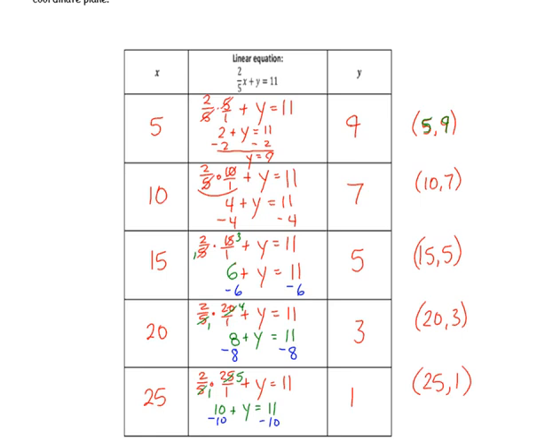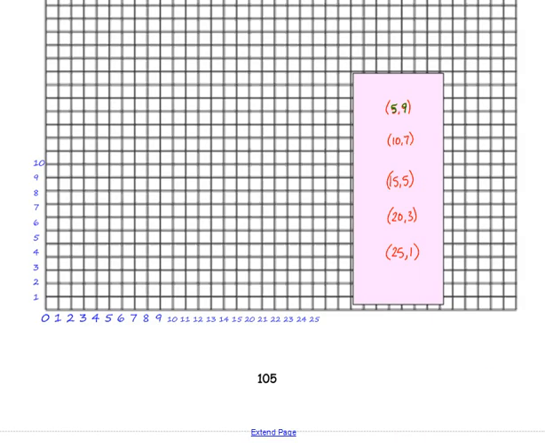Next, we're going to graph these ordered pairs onto the coordinate plane on the next page. To graph my first ordered pair, (5, 9), I'm going to go down to the x-axis, and I'm going to go over 5, and then I'm going to go up 9, and I write my ordered pair.